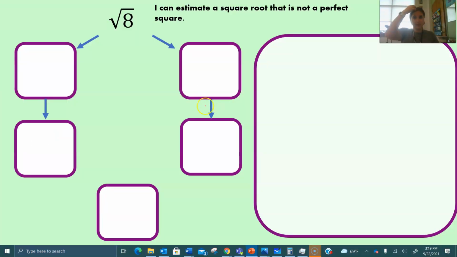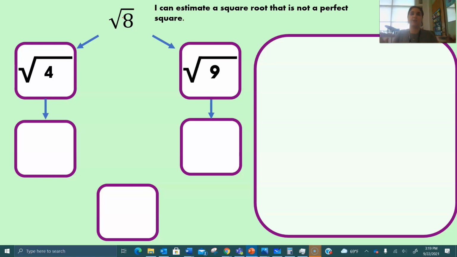This is one way you can do it, using a number line. Another way you can do it is kind of like a flow chart. In this one, we're going to not only pick between which two whole numbers it's between, but also estimate. So here's the square root of 8. Which two perfect square roots is 8 between? The square root of 4 is on one side of 8, and the square root of 9 is on the other side.